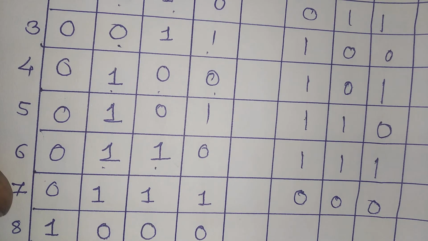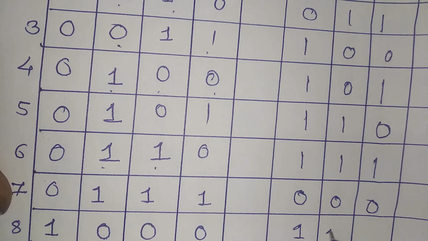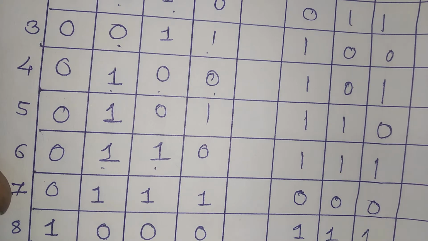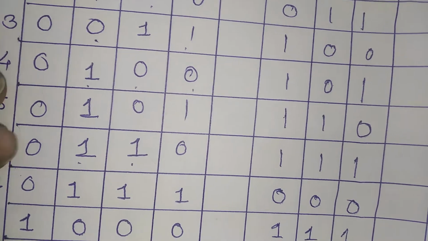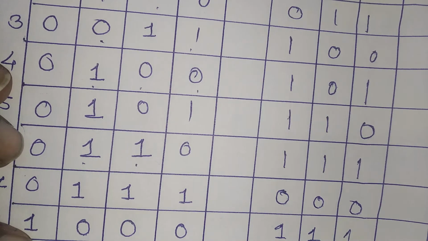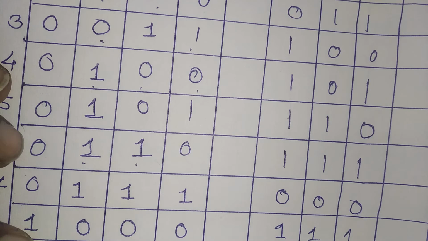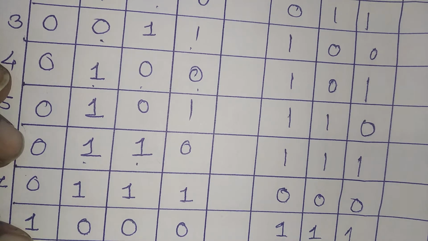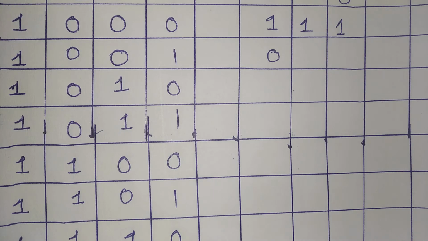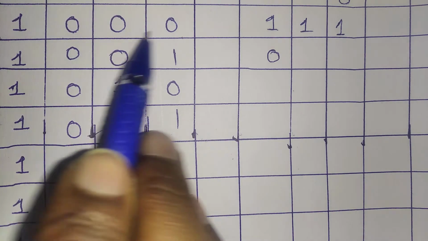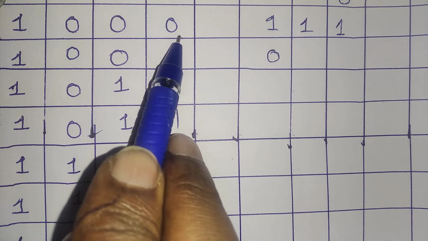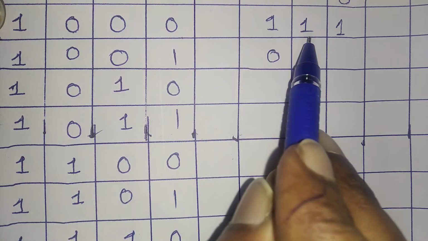In the down counter, after 0, next state is 1 1 1. Now you can see 0 0 0 is a present state, next state of the down counter is 1 1 1.